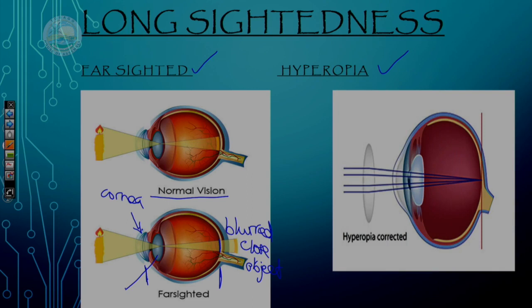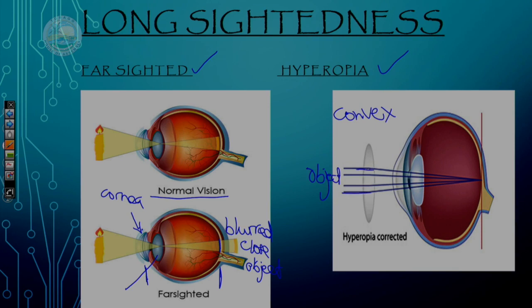So someone who is long-sighted needs to wear a convex lens. Light from the object is going to be bent inwards.